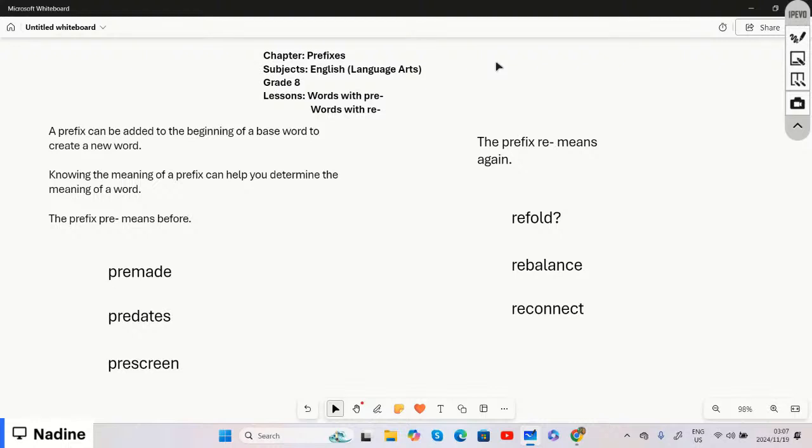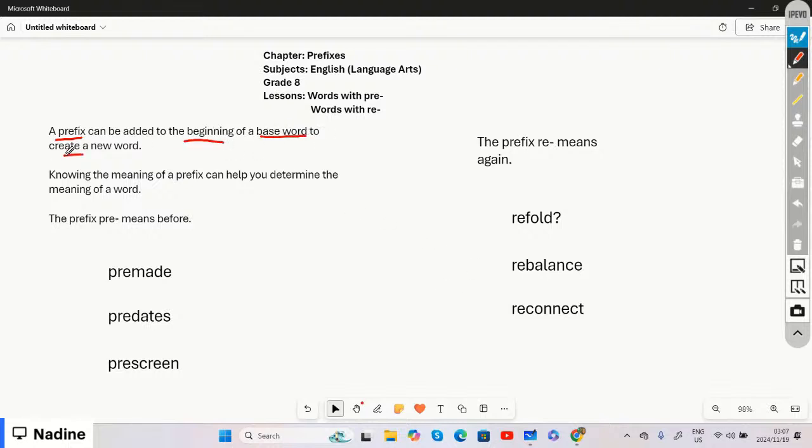So when it comes to prefixes, prefixes can be added to the beginning of a base word to create a new word.